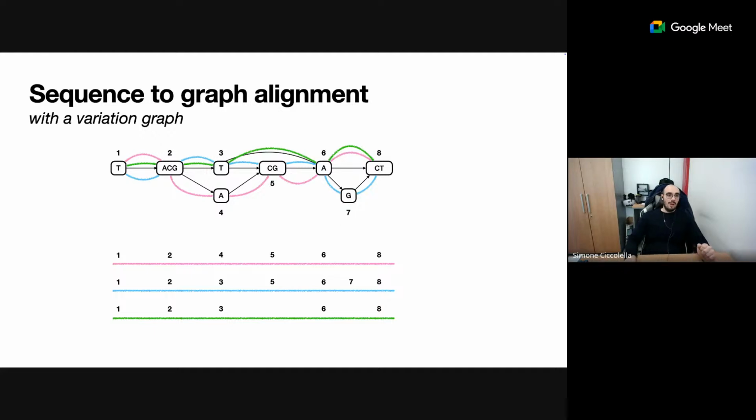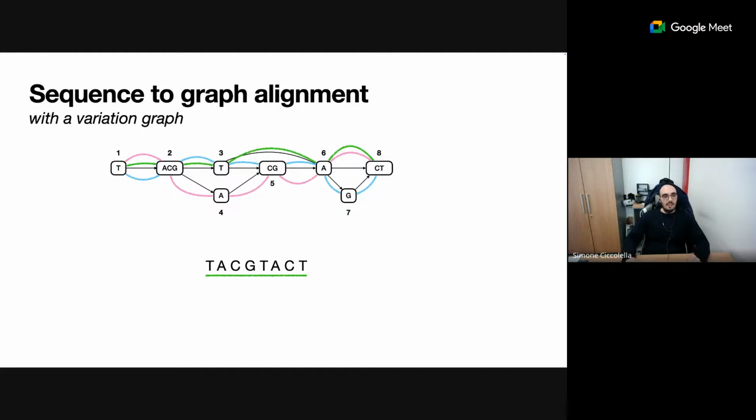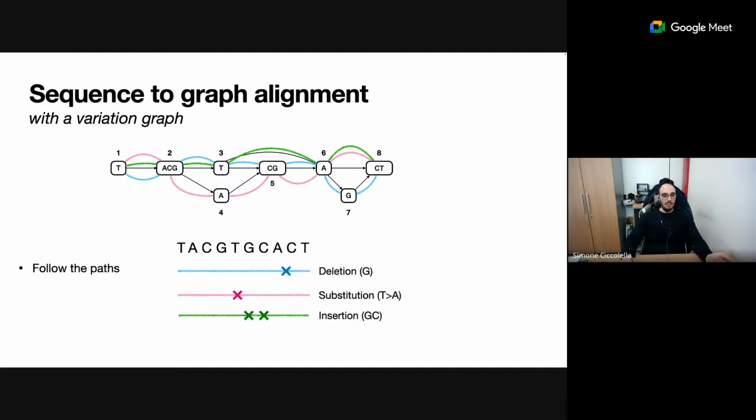So what happens when we now want to map a sequence to this graph? Well, if we have a sequence like the one we had before that perfectly matches any of the haplotypes, we have no issue at all. This is all on the green haplotype and we're good to go. What happens when we have something that does not map correctly? Now we have different ways to solve this problem, right?